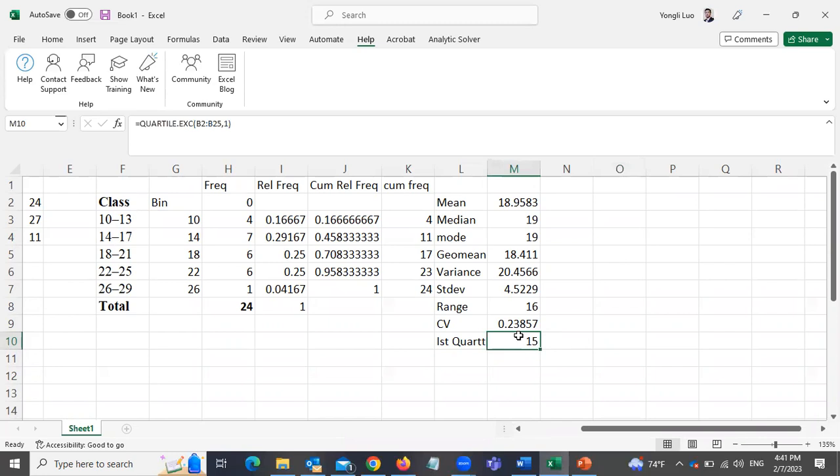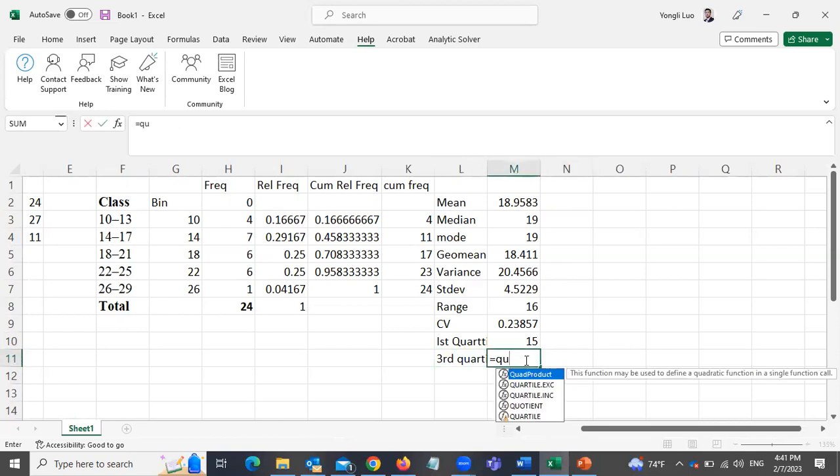Is that okay? Can you do it again? Okay, let's do another one, the third quantile. Equal to QUANTILE.EXC, and then you select all the data.